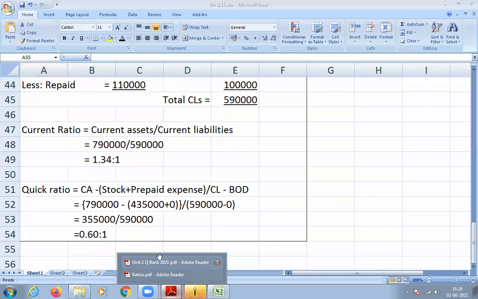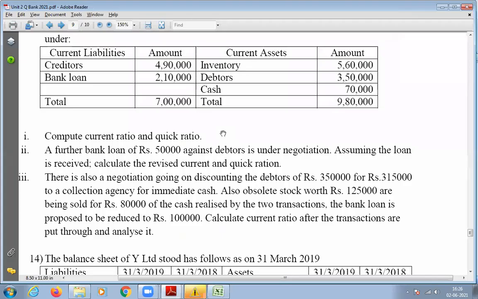That means the company has to do some other negotiations, or they may have to invest more cash, or convert more inventory into sales. They have to convert raw material inventory into finished goods, sell that in the market and get the cash. So in all the scenarios, the working capital is not going to improve by whatever solution they have given us. That is what you can write as interpretation.